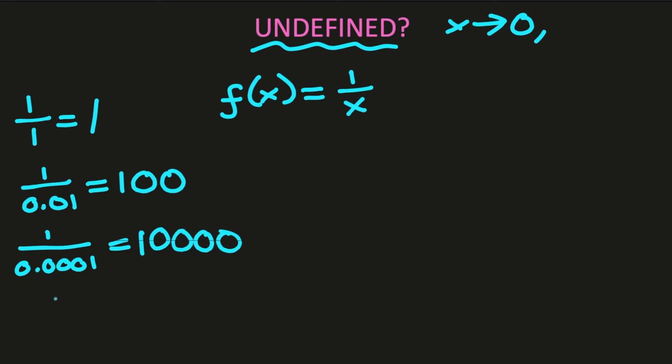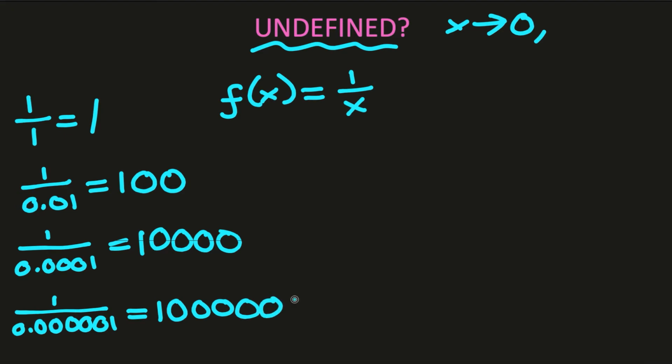So again, I'm getting closer to 0 each time. What if I had 1 divided by 0.000001? I know that this is equal to 1 million. So we can see in our function that as x approaches 0, we would get positive infinity, because this output is getting infinitely larger.